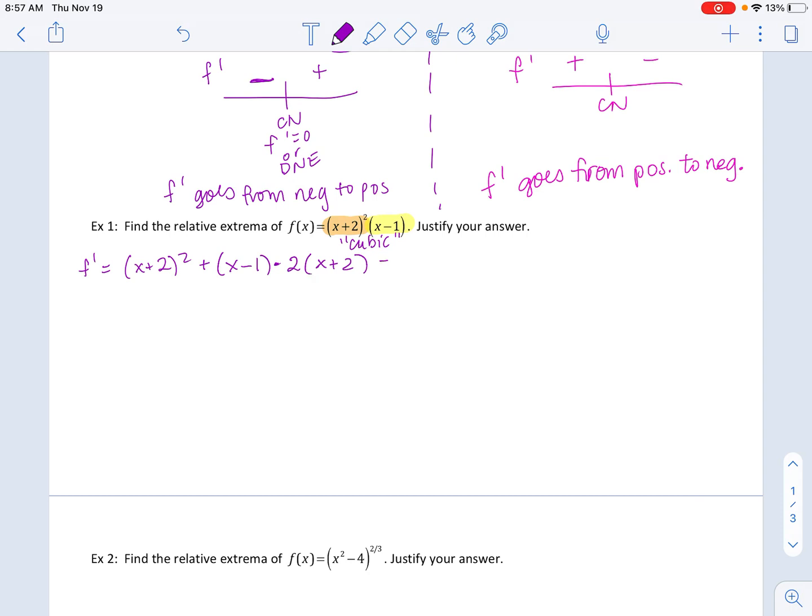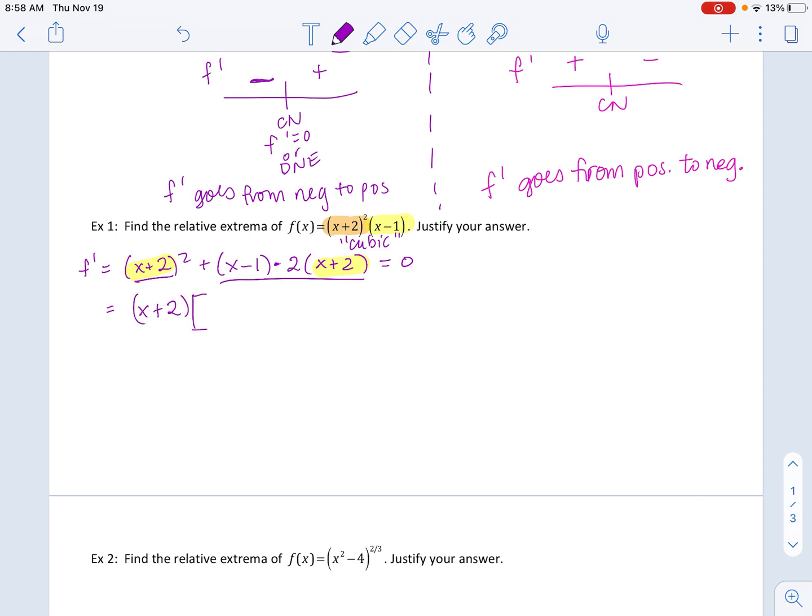Okay, now we have to set this equal to 0. And as I've recommended in the past, the easiest way to get it equal to 0 is to factor. So I see in this term and this term, they have an x plus 2 in common. So I'm going to factor out an x plus 2.